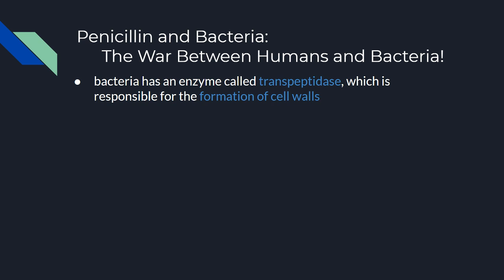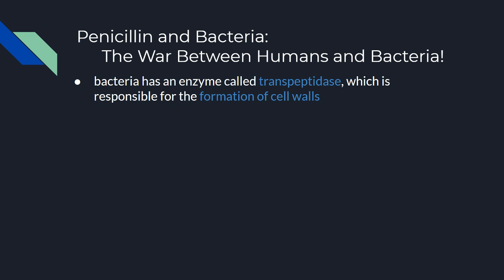So, bacteria has an enzyme called transpeptidase. Again, don't be wrapped up on the chemical. Think about the big picture. But transpeptidase is responsible for the formation of cell walls for bacteria. So bacteria has an enzyme that helps them live because it helps them form their cell walls.